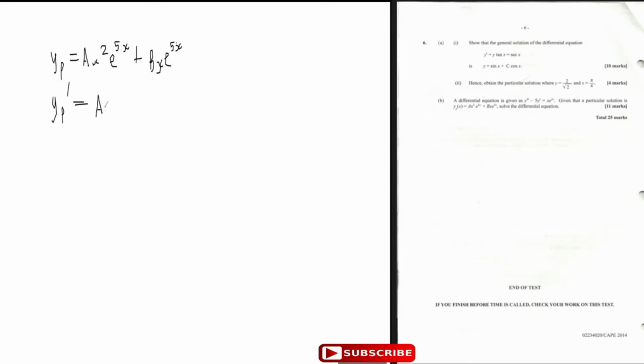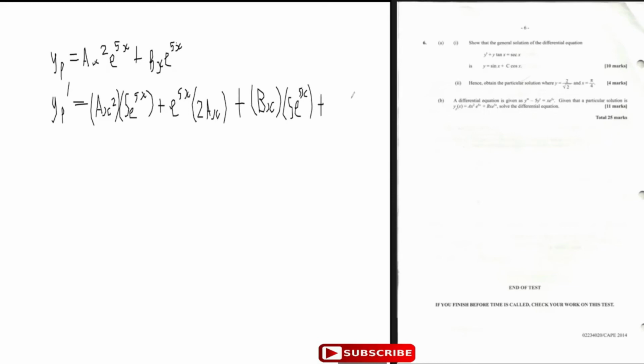We keep the first, ax squared, times the derivative of the second, which is 5e to the 5x, plus we keep the second, e to the 5x, times the derivative of the first, 2ax. Then we differentiate bx e to the 5x: keep the first, bx, times 5e to the 5x, plus keep the second, e to the 5x, times the derivative of the first, which is just b.